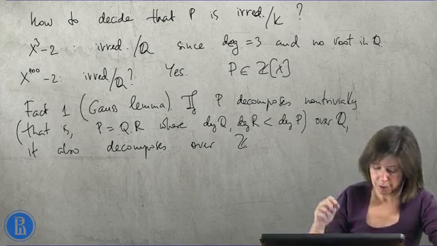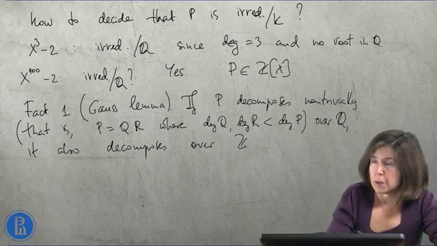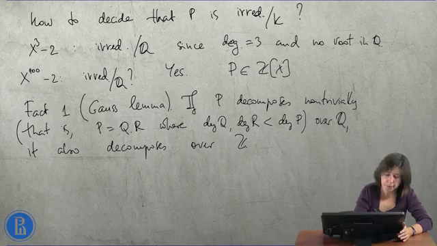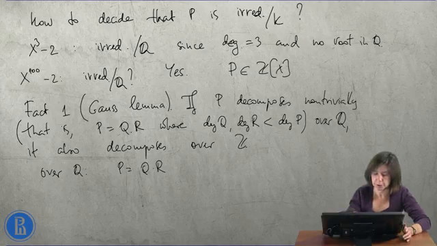Well, let me give a proof. So let over Q, write P is equal to Q times R. They are not integral, but of course you can multiply them by a common denominator and they become integral.